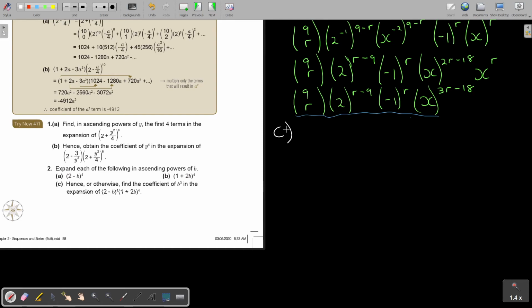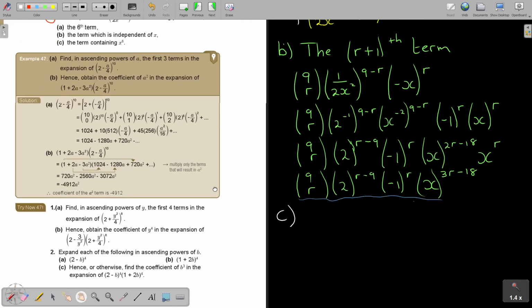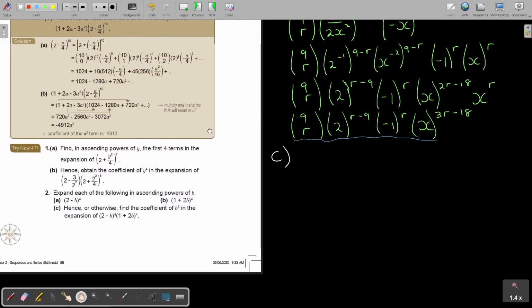Okay. So what is the question again? Sorry, I just have to check. The term containing x to the power of 6. So if it's actually saying that x to the power of 3r minus 18 is equal to x to the power of 6.